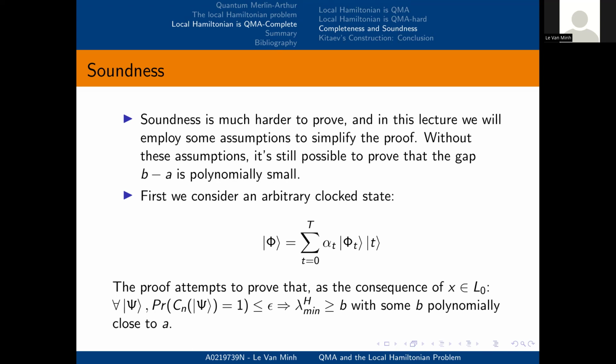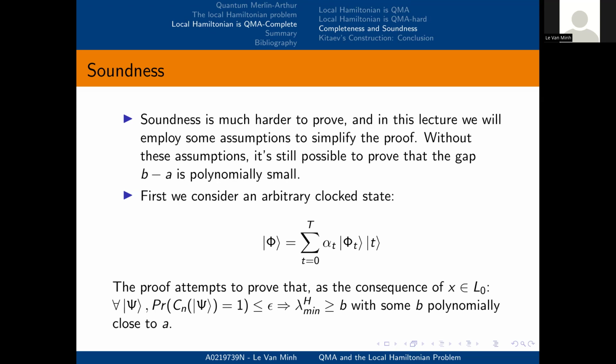First, we consider an arbitrary clock state as we've been doing before, but with some parameter to generalize it, so that we can prove that with all phi, we cannot get any eigenvalue that is smaller than b.